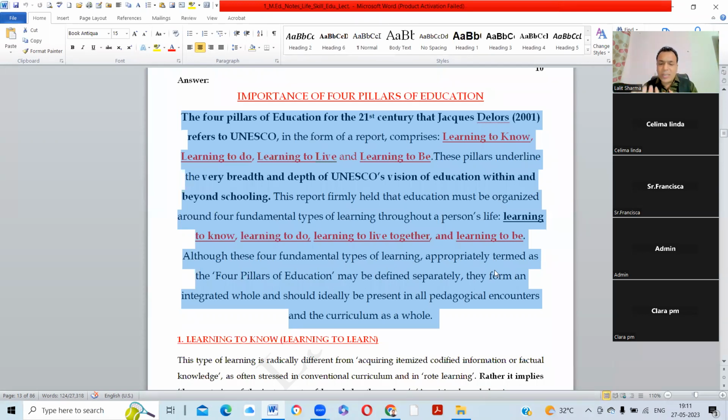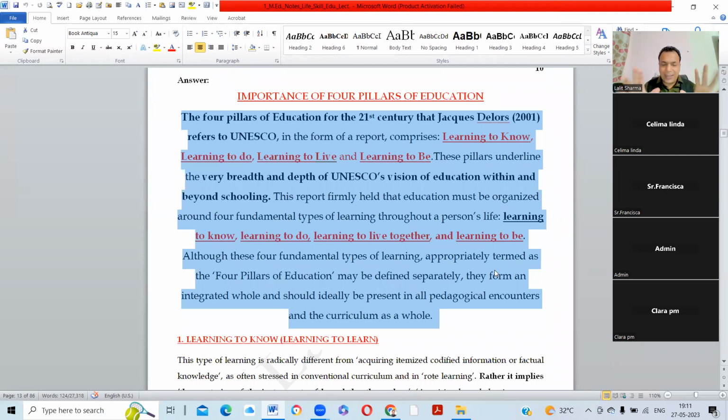The purpose of education is that we have to develop these four pillars: learning to know, learning to do, learning to live, and learning to be. See carefully, these pillars underline the very breadth and depth of UNESCO's vision of education within and beyond schooling.